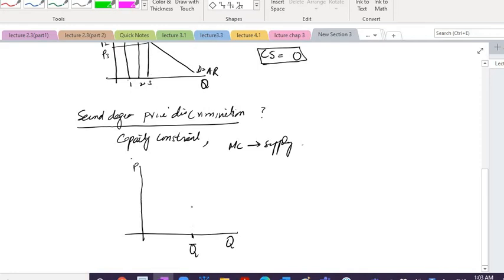It cannot sell less than that. So what will happen? In order to meet this capacity, they will sell all the output till this level at a horizontal price. So the price will not change until they meet the capacity.